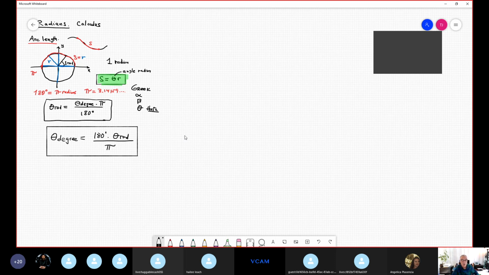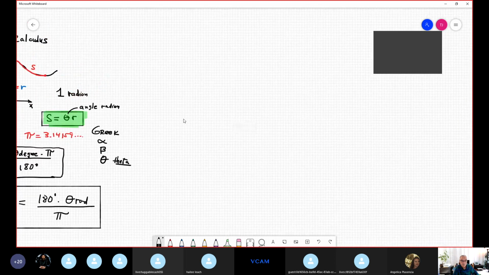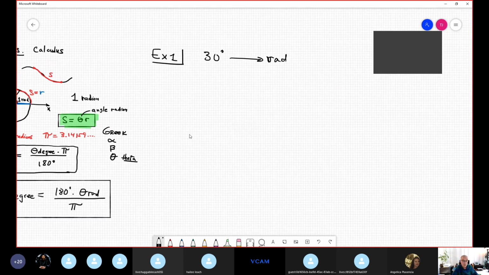For example, example 1. Convert 30 degree to radian. We're using the formula. What formula? The formula that allows us to convert degree to radian is multiplication by pi and divided by 180. 30 degree times pi divided by 180.